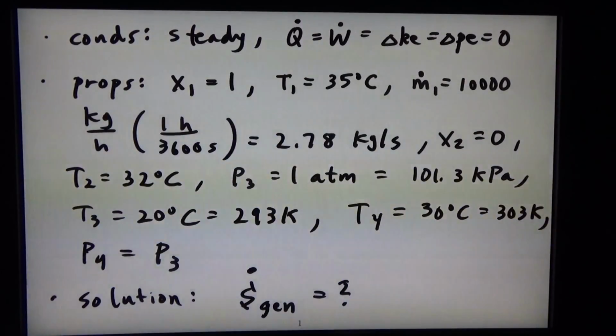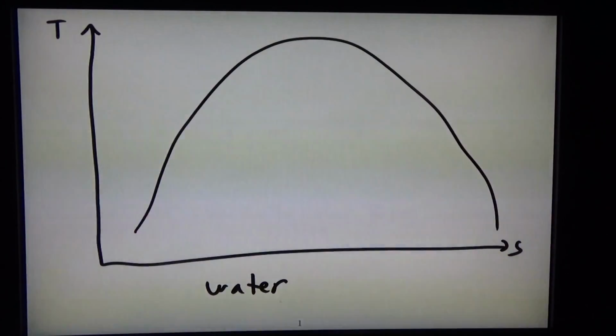But we do know that T1 is 35 degrees Celsius, so we'll mark that here. If I run it across, I get a saturated vapor at 35 degrees Celsius. T2 was 32 degrees Celsius, and I had a saturated liquid.